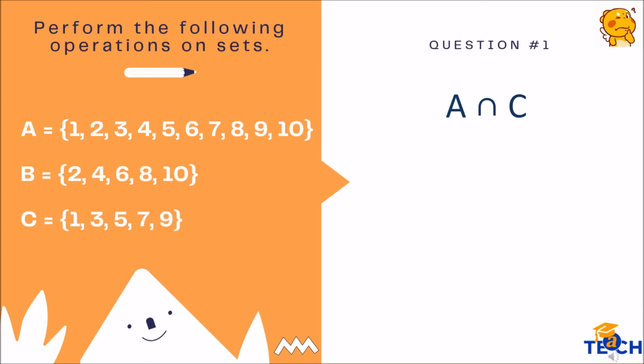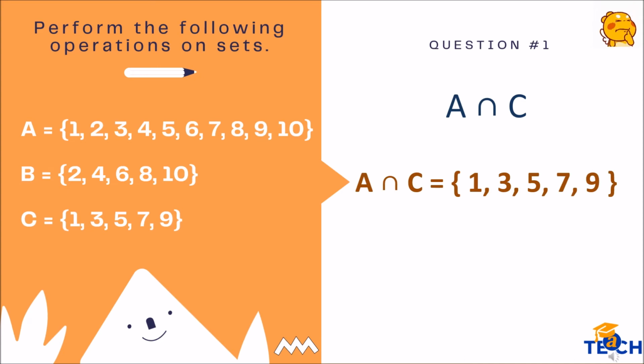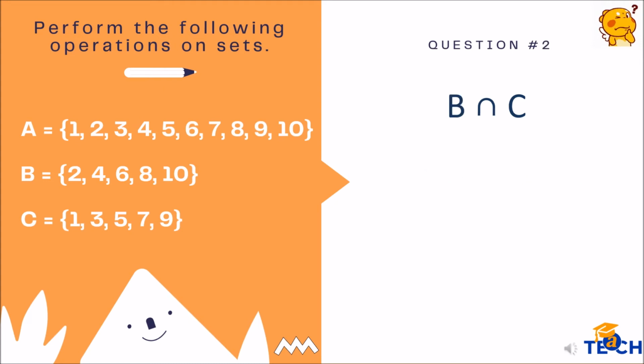The intersection of set A and set C is numbers 1, 3, 5, 7, and 9. Now question number 2. What is the intersection between set B and set C? Okay, the intersection between set B and set C is an empty set.